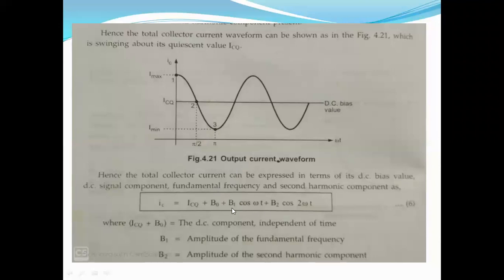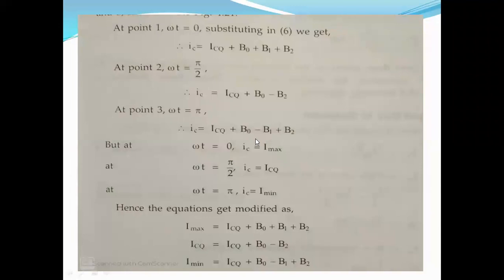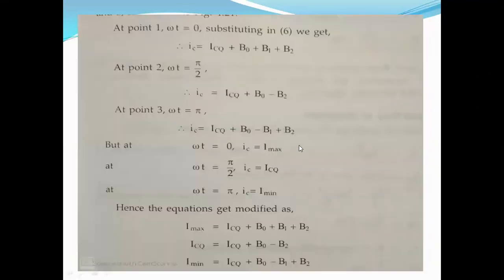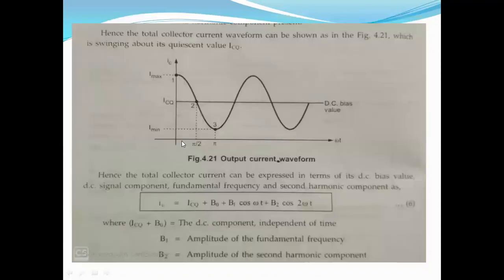Cos pi, that is cos 180, is minus 1, and 2 into 180, that is 360, gives cos 360 equal to 1. So IC is equal to ICQ plus B0 minus B1 plus B2. This is the third equation. We are just substituting the related values at the 3 points.